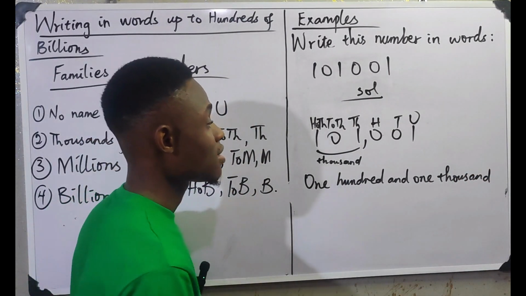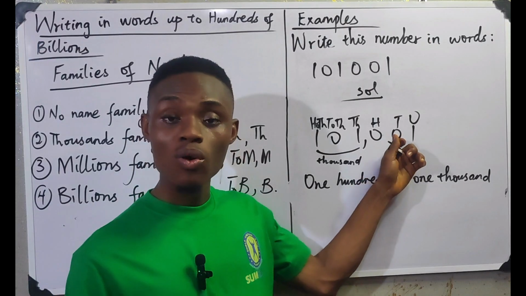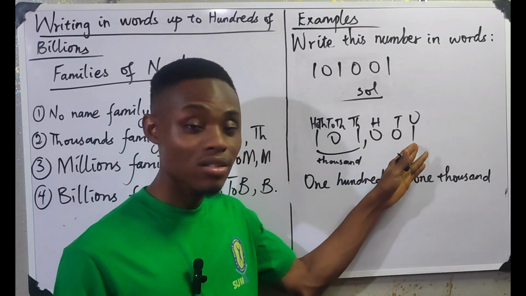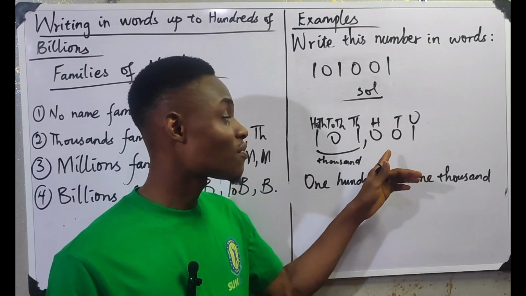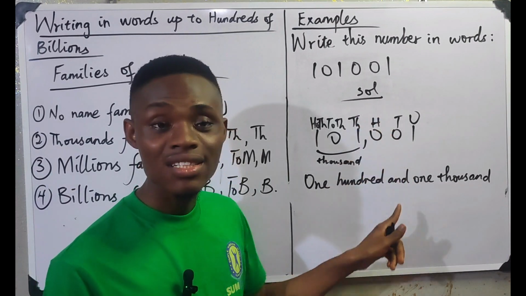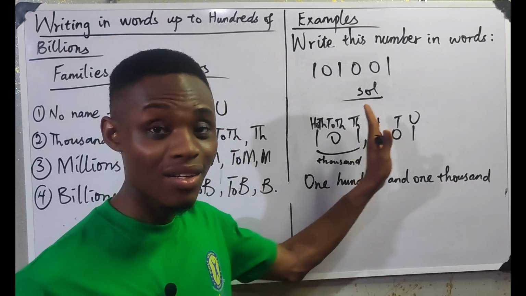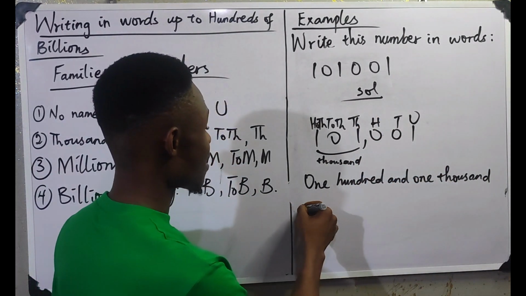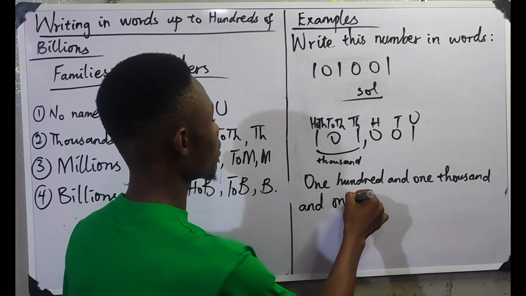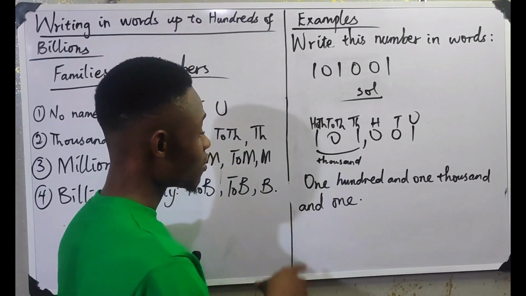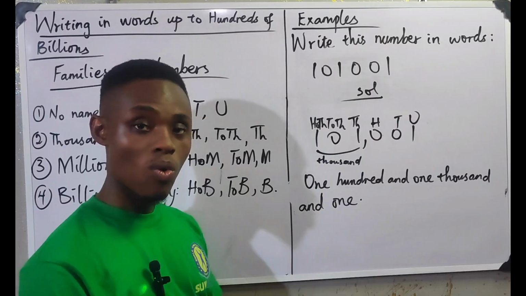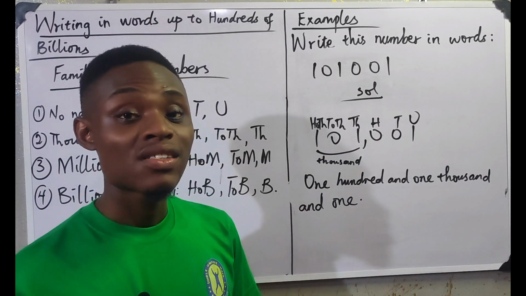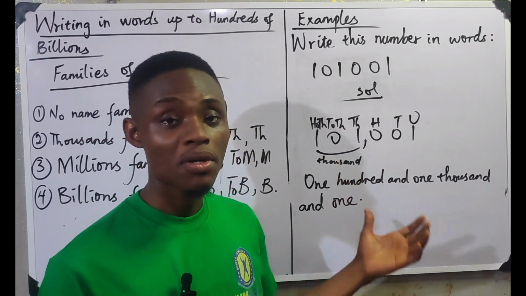You see that? Now, what do you see here? 001. That is 1 left. Okay? But don't forget, once you see 0 under 100, you write "and" before any other thing there. So we write "and 1." So the number is 101,001.